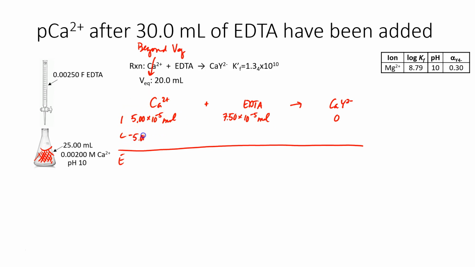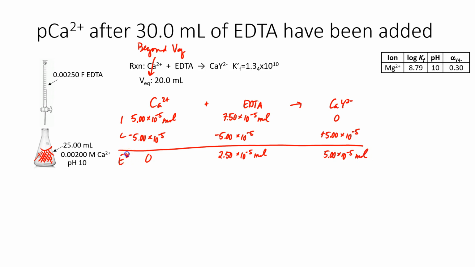So we'll subtract that from the reactants and add that to the products. So calcium is 0. We thought it was going to get consumed. We have some excess EDTA, and we've made some of the calcium EDTA complex.